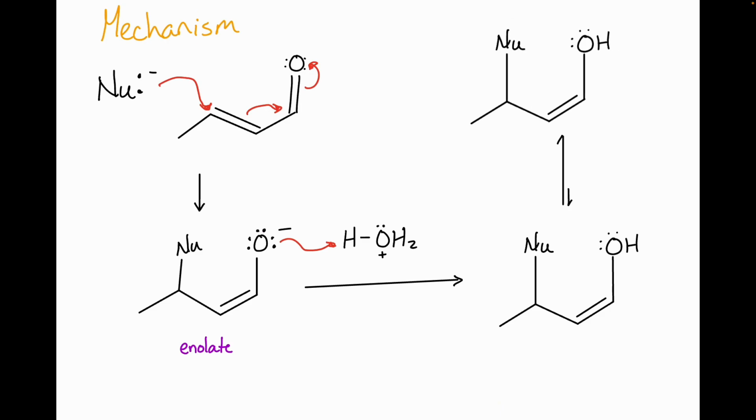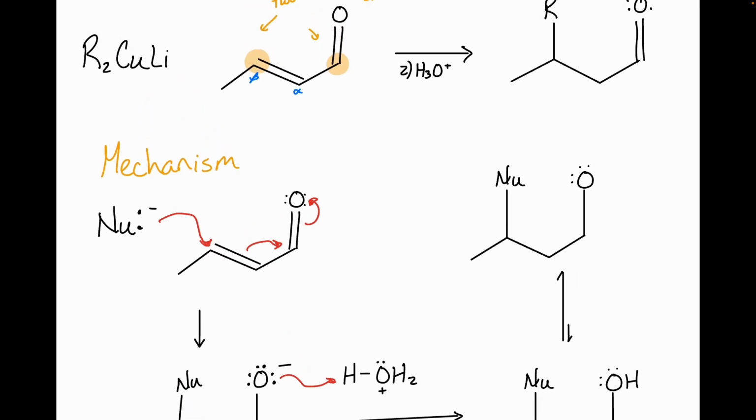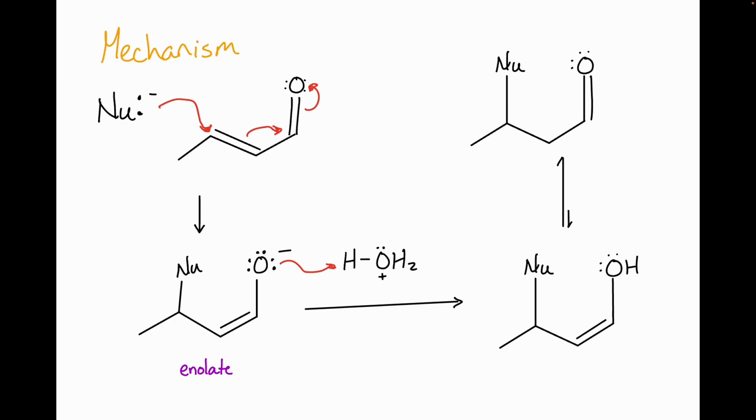That enol will tautomerize back to, in this case, an aldehyde. So we get that nucleophile being specifically added to the beta carbon, and notice that allows us to retain our carbonyl group. We don't lose our carbonyl group when the beta carbon is playing the role of the electrophile.